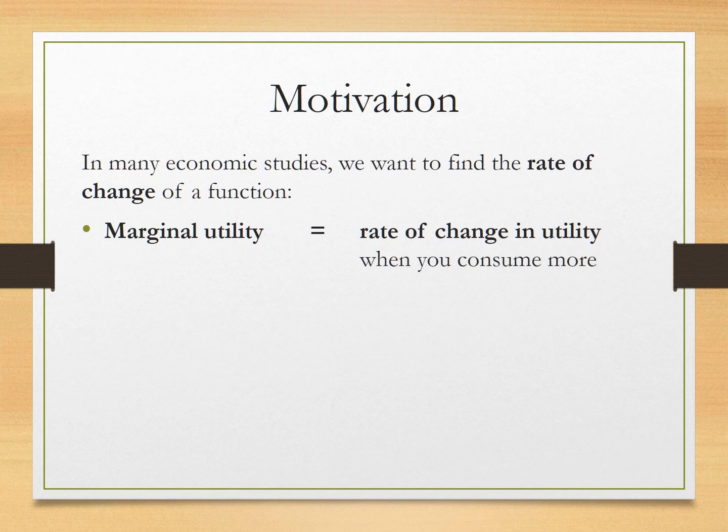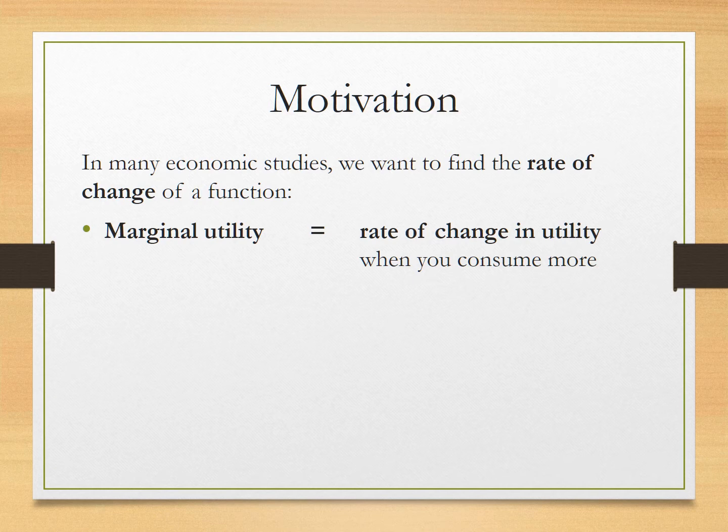In the most basic level, we need marginal utility, which is the rate of change in utility. How fast is your utility changing based on how much stuff you're consuming? So utility, for those who are not econ majors, utility is a number. Higher means better. You like it more. So now you can imagine most of the time we would assume that when you have more things, you are more happy, right?